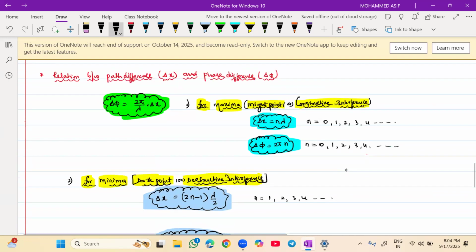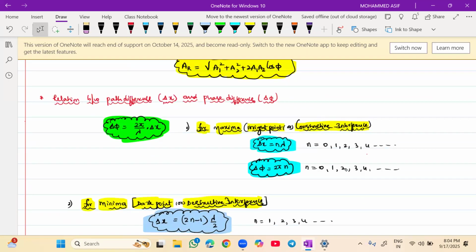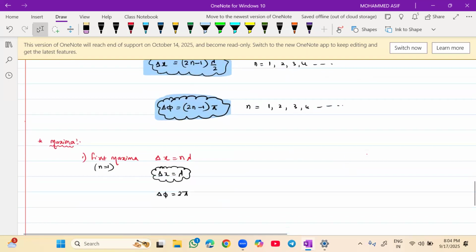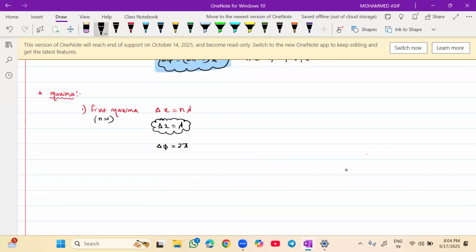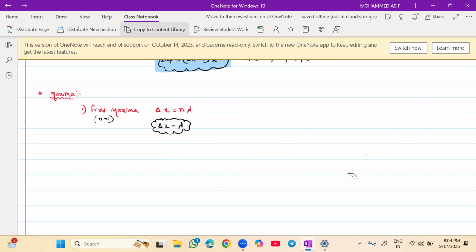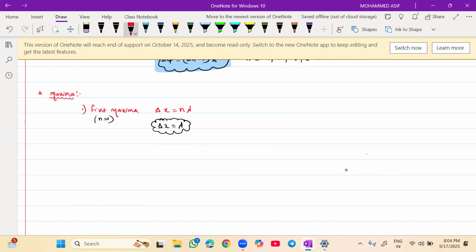For maxima, the n value starts from 0 now. So delta phi is equal to 2 pi into n.